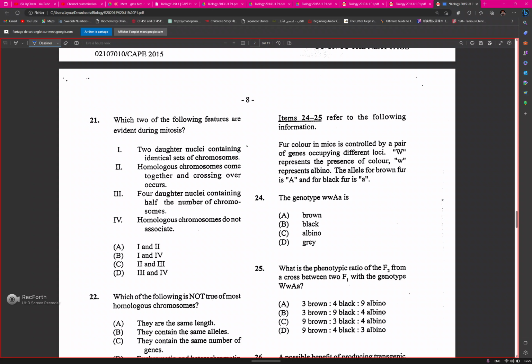That's what we're saying? Interesting. Let's look at 2. Homologous chromosomes come together and crossing over occurs. That's genetic variation there. That doesn't happen in mitosis. No. In 3, 4 daughter. No. We use 2. So it has to be 1 and 4. B is the answer.